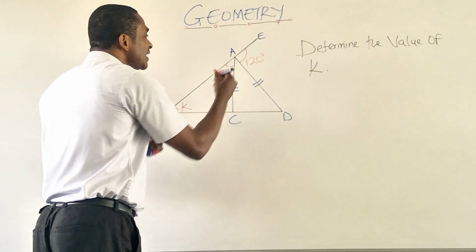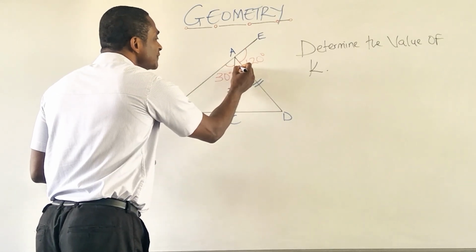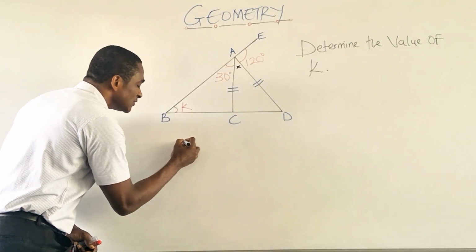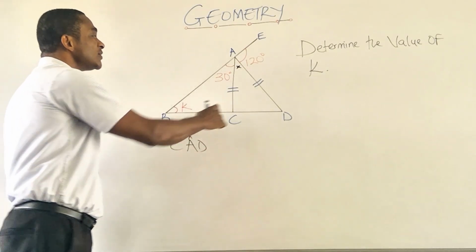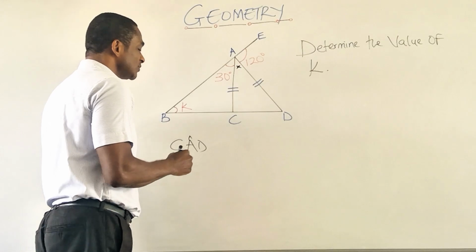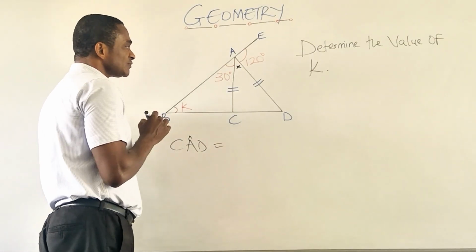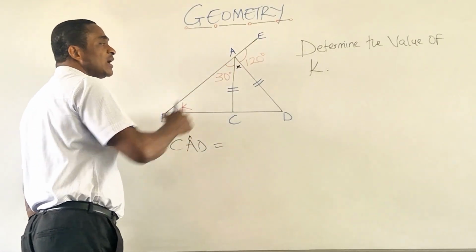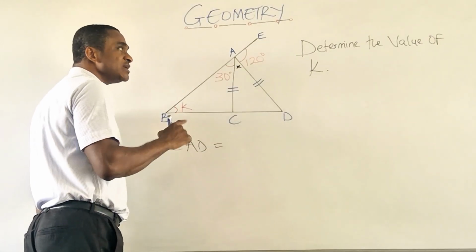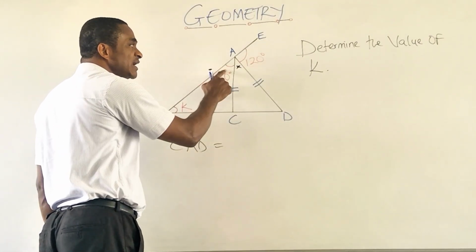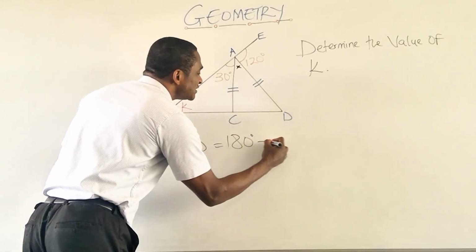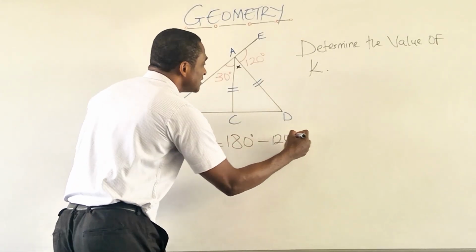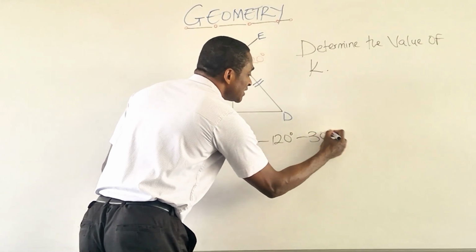This angle here is the first thing we should work for, and we call that angle CAD. So angle CAD, which is this angle, will be equal to angles on a straight line at a point, which is 180. We've gotten 30, we've gotten 120, so we will have 180 degrees minus 120 degrees minus 30 degrees.